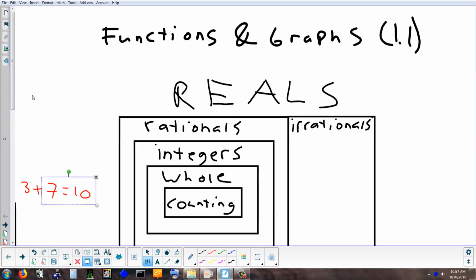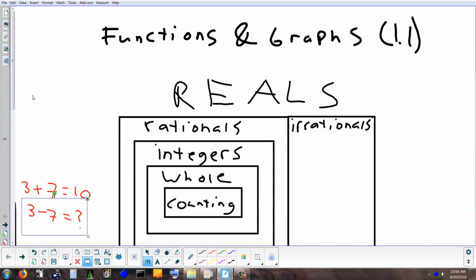Let's try subtraction. Let's do the same problem. Counting number, except I'm going to change plus to minus. 3 minus 7. We know what the answer is, but Emily, is the answer a counting number? No, it's not. So we can't do this calculation with counting numbers.